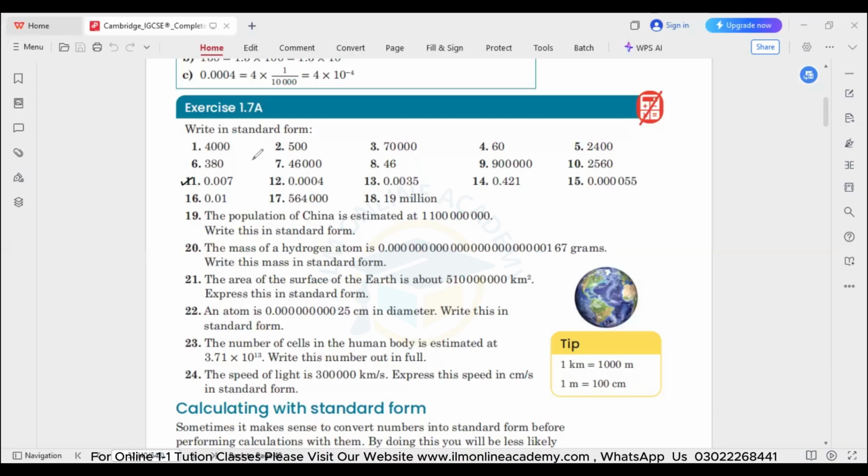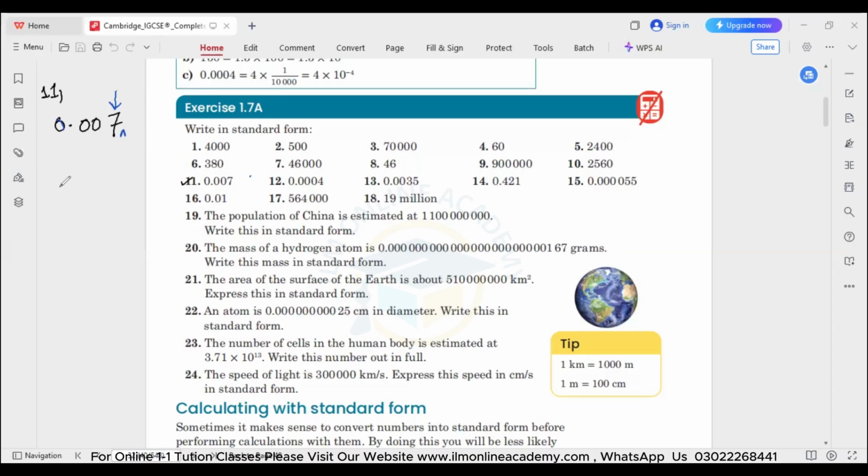Okay, so let's work on this one. Let's see how we can write these numbers into standard form. As I told you earlier, each time you will apply the decimal point after the very first significant number, and here you know that starting zeros are not significant. So the first number that we have is 7, and we will apply the decimal point after the 7.